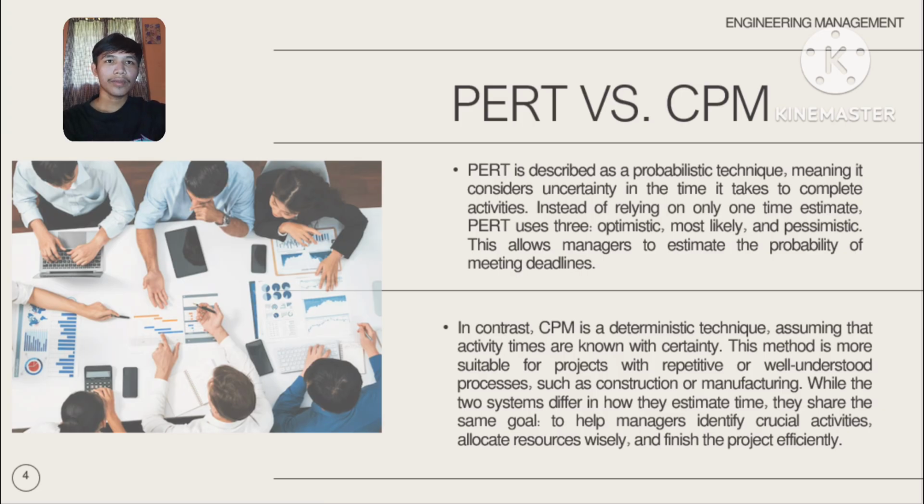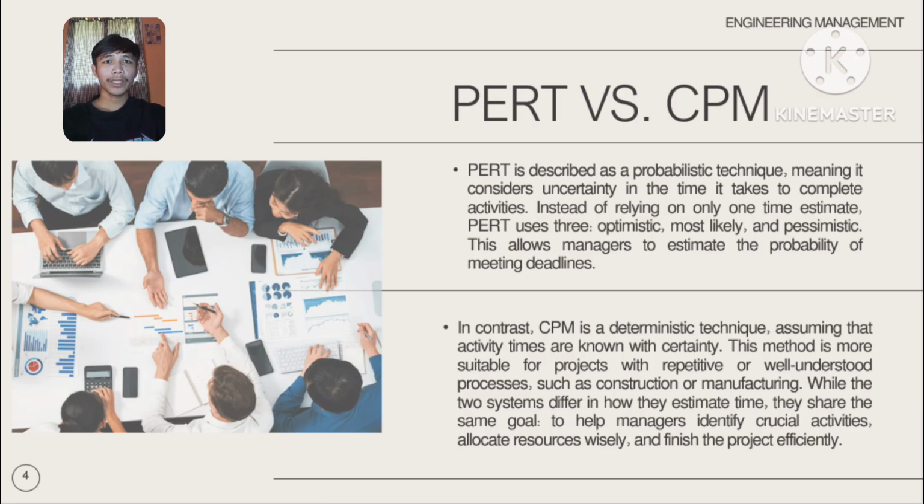So this means the fundamental difference lies in how they handle time. CPM, or critical path method, is a deterministic technique that assumes activity times are known with certainty, making it ideal for routine or repetitive projects like construction where estimates are reliable.